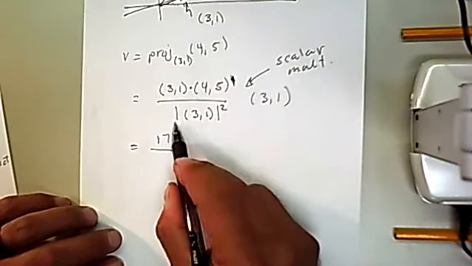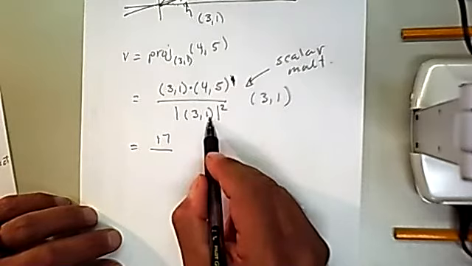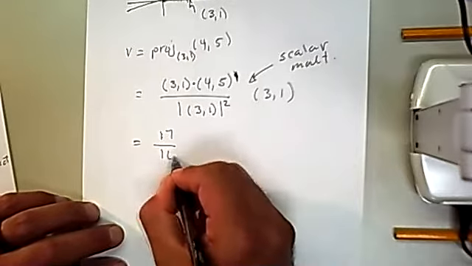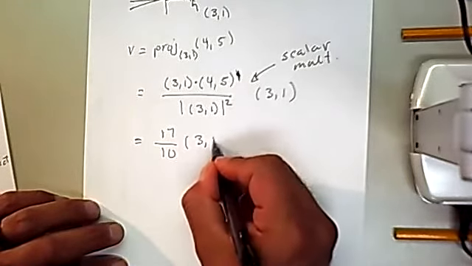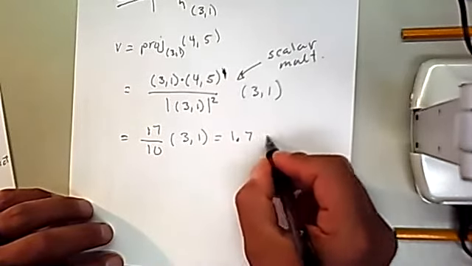The magnitude of this vector, of course, is going to be 9 plus 1, 10. Square root of that is the magnitude, but then we're going to square that, so we end up with 10. Times the vector (3, 1). And that, of course, is 1.7.